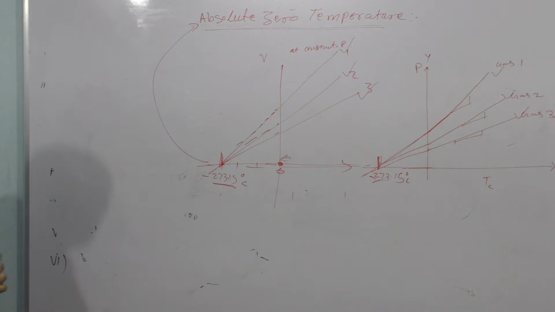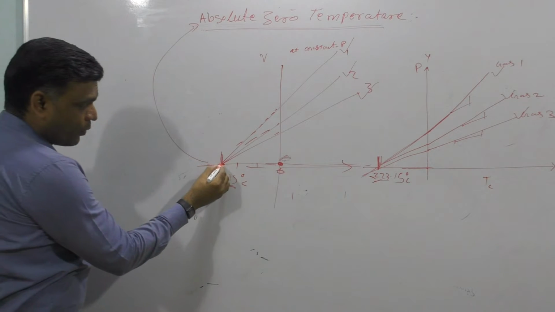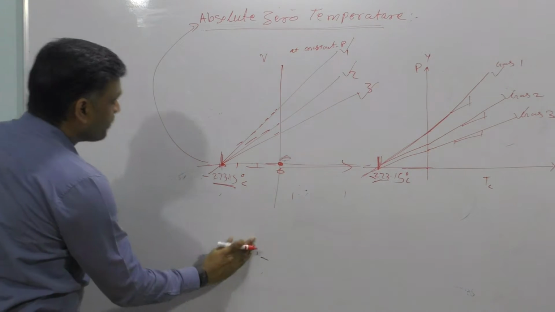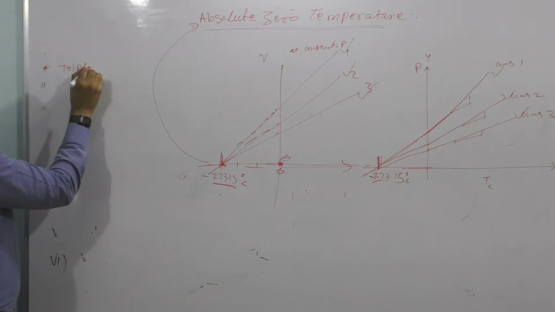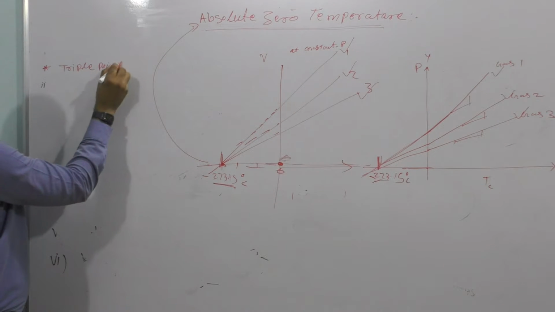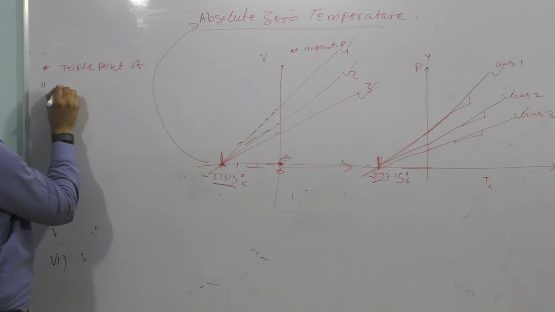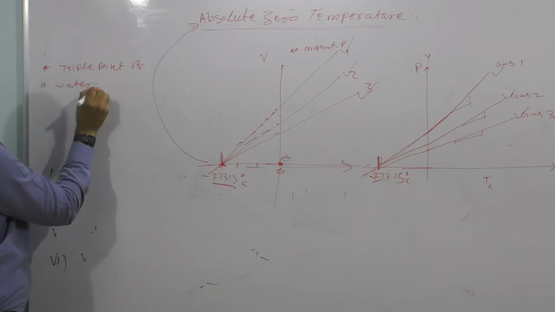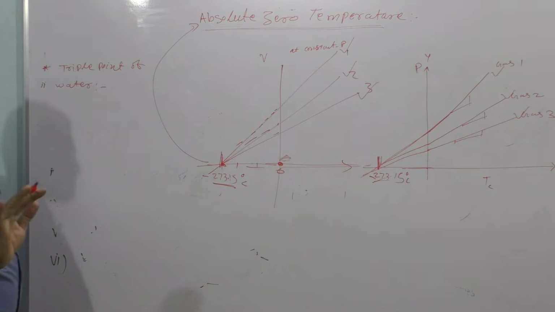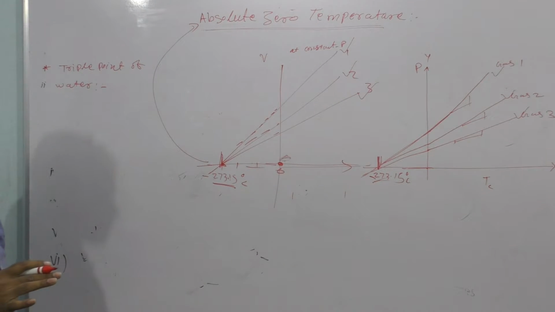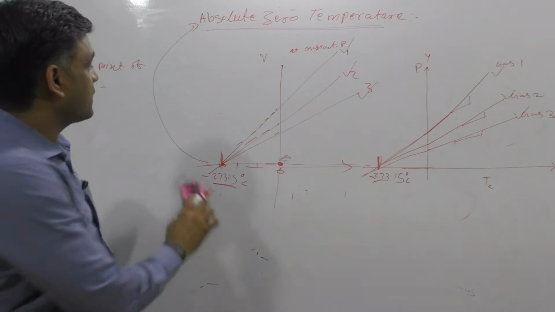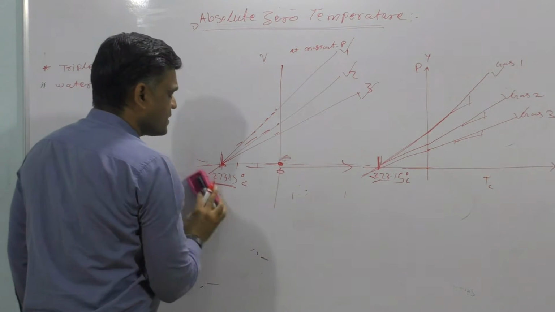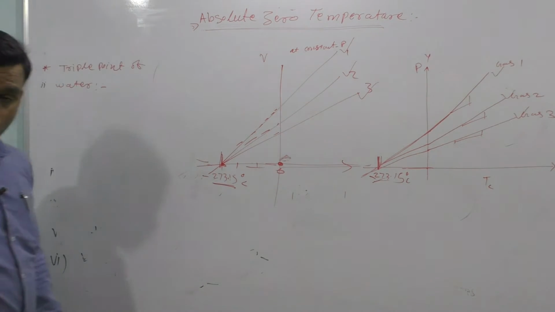The another thing is here, at the same point we obtain the triple point of water. Now what is meant by triple point? So to start the further discussion, we discuss what is meant by the triple point.